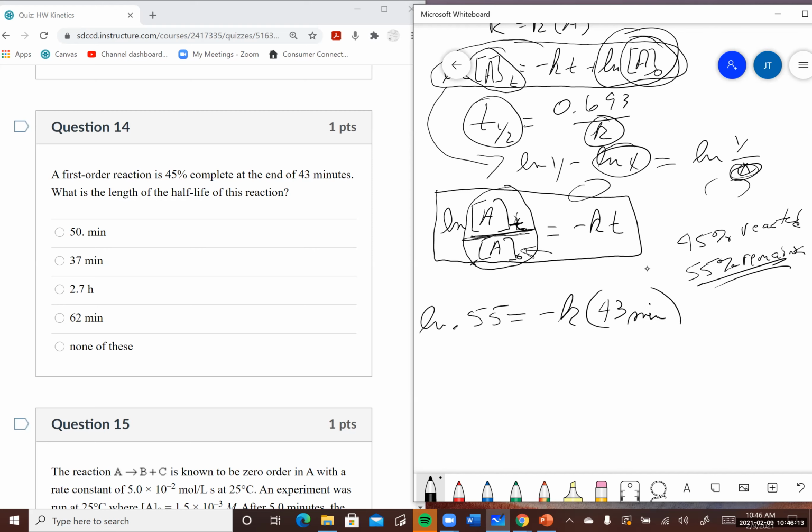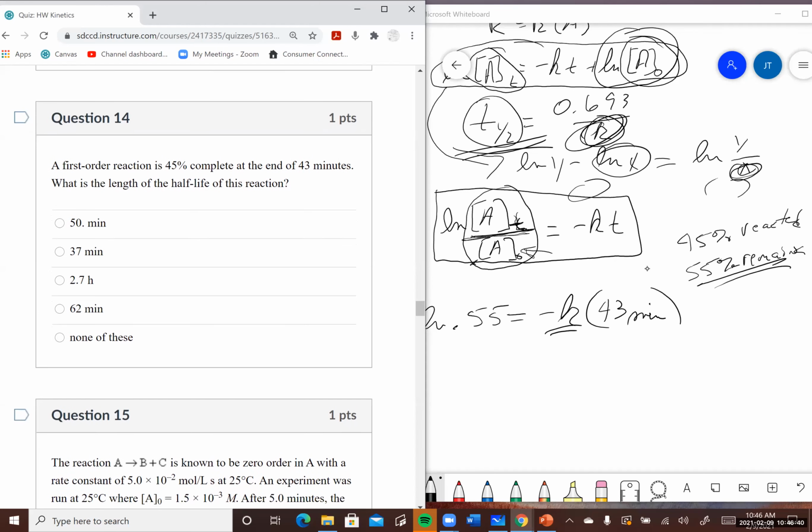I can solve for k, and if I can solve for k, then I can solve for the half-life. Any questions on that? No. Okay, cool. Does that make sense? Yes. Okay, cool.